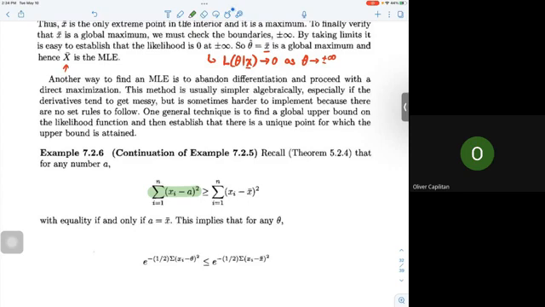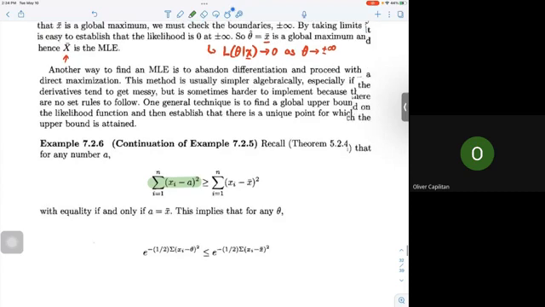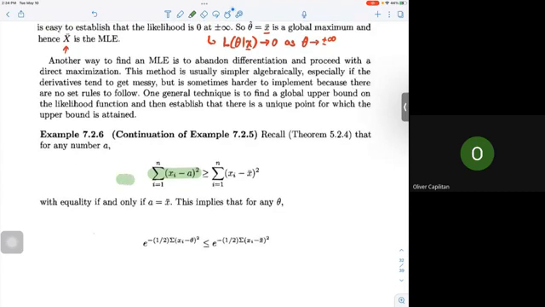So this implies that for any theta, alam natin, from here, if we multiply both sides by negative 1/2, then the sense of inequality is reversed. So negative 1/2, then we have here the summation of x sub i.